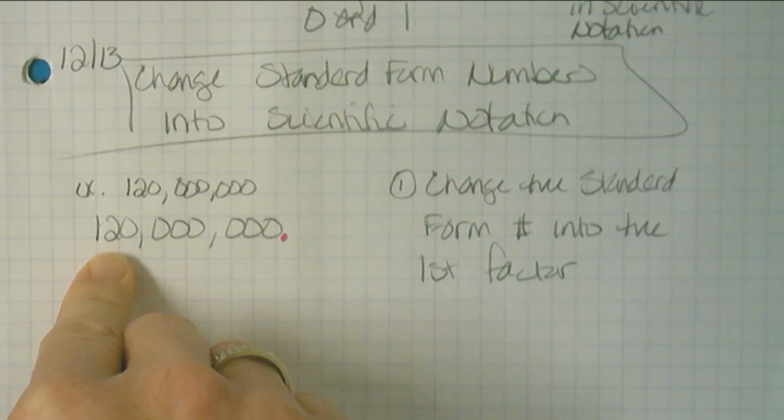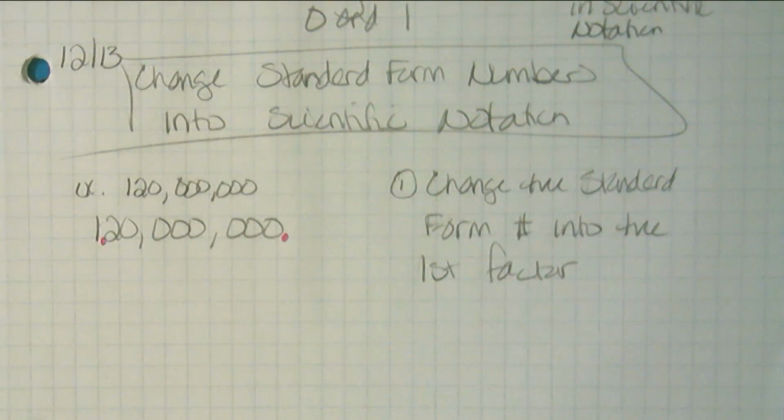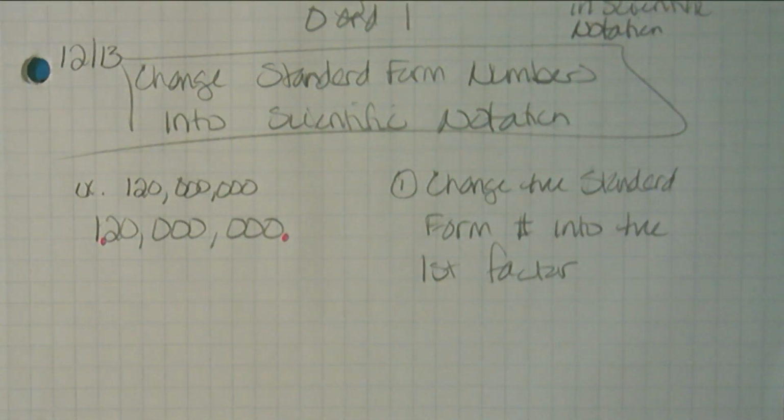Valentina? Yes, it needs to be in between the 1 and the 2. Why, Valentina? Yes, that first digit needs to be a 1, 2, 3, 4, 5, 6, 7, 8, or 9. It needs to be a single digit, not a 0. All right, so I need the decimal to be there. Are you guys good with that so far?